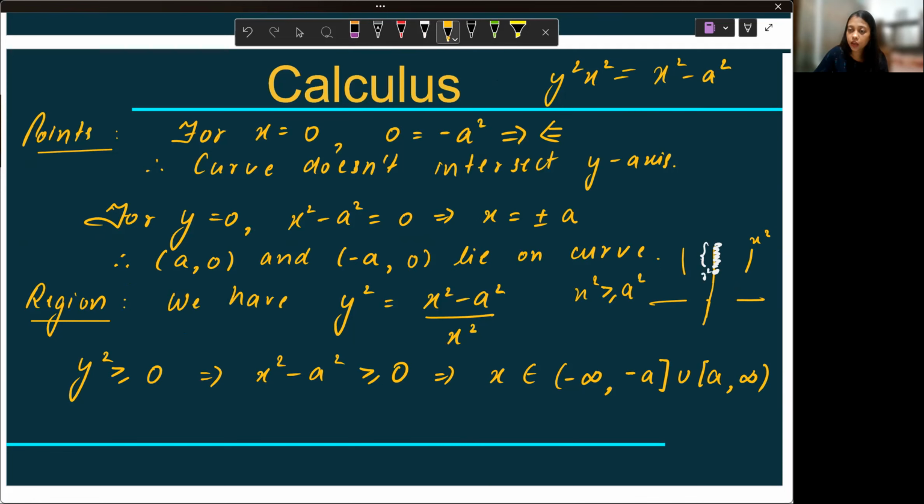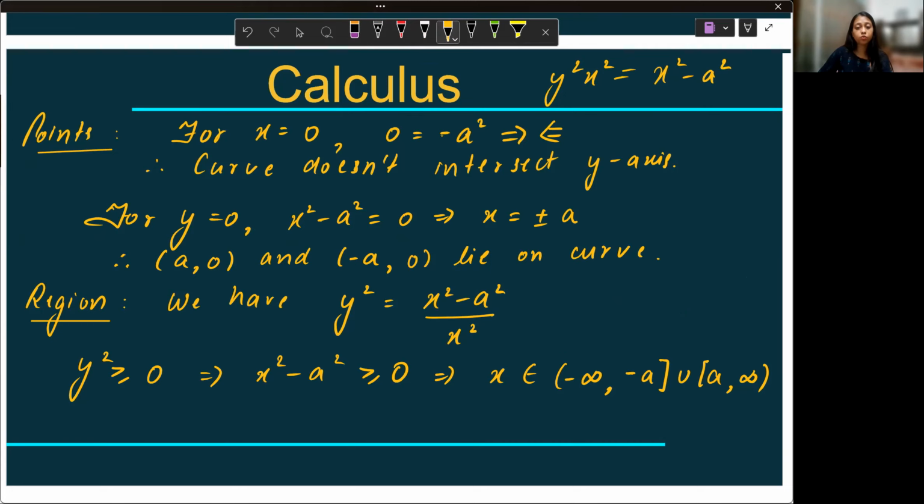So basically only this section of the graph, and this section corresponds to which values of x? For this x square, this will be minus a, this will be a, and all the portion here, all the portion here. This will give me this section of the graph. Okay, so the values are minus infinity to minus a union a to infinity.